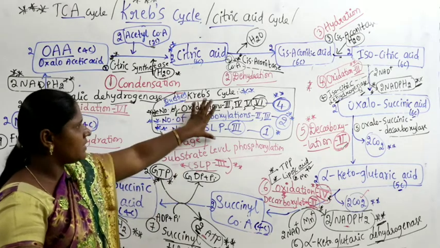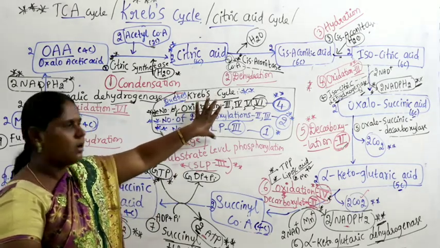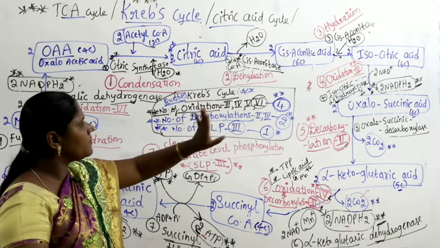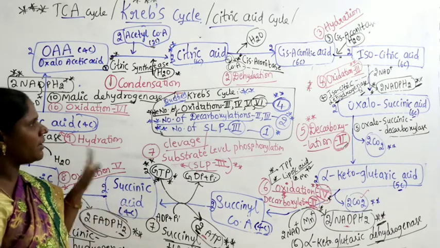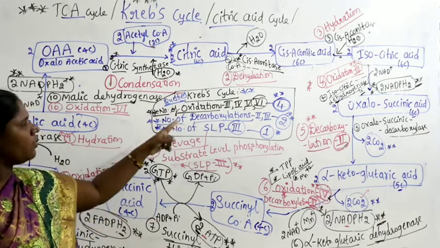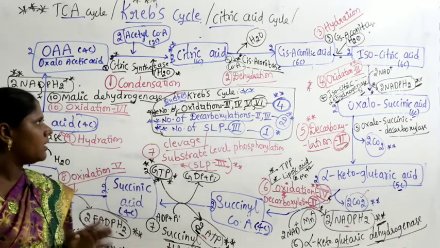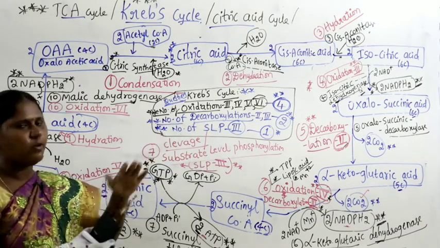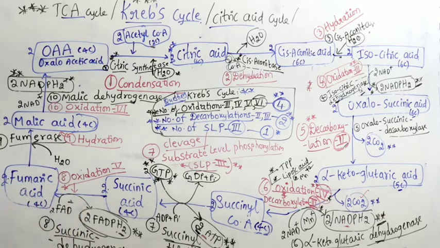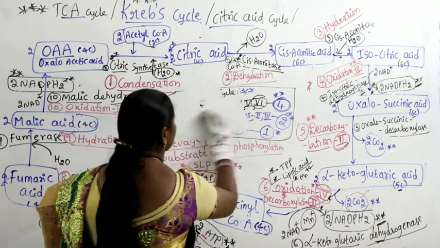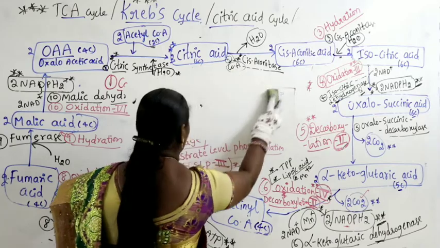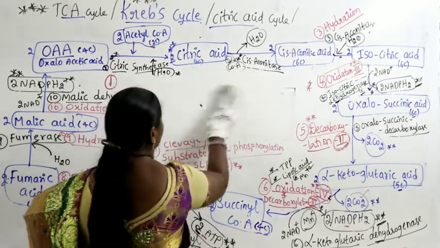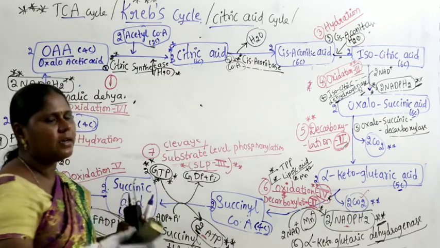In this notebook you first note down these very important questions. After that, continue writing the reactions of the Krebs cycle, and write down where the conversions happen. Let us write the continuation of the note points. I am writing in the center only, so you people go writing on white paper.